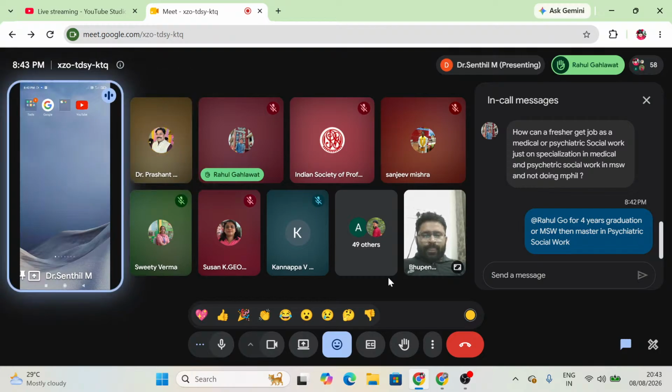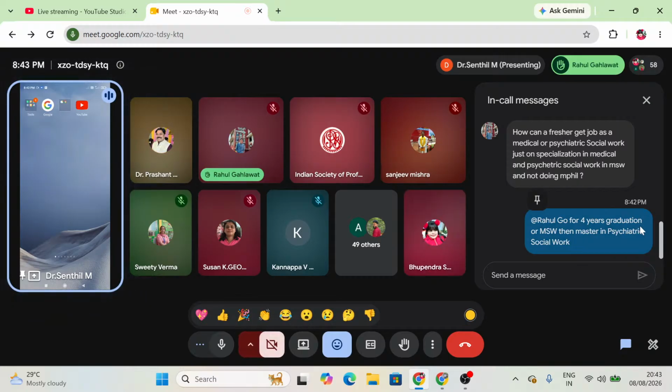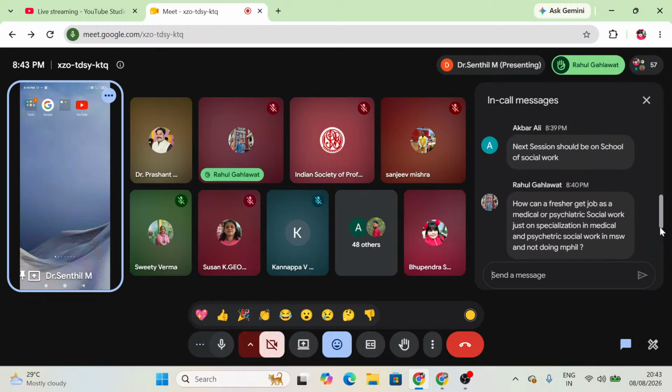I have also shared this screen. For a person who has completed Master of Social Work, there is scope. They can work as a medical social worker, and in recent times AIIMS is going for recruitment.